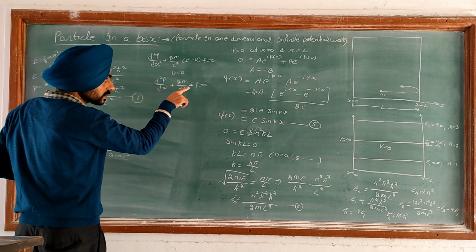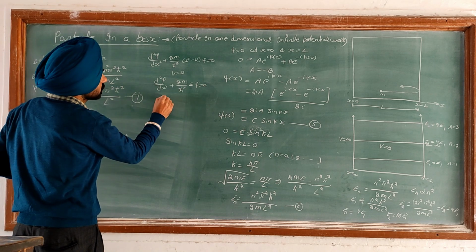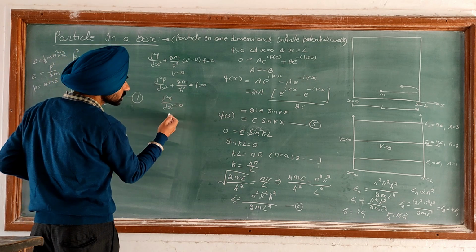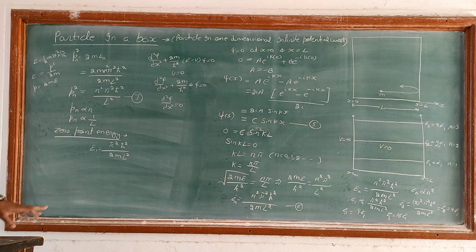If we substitute E equal to 0 in this expression, then d square psi upon dx square equal to 0, that means psi is equal to 0. If the wave function is 0, then what is the meaning? That everywhere inside the box the probability of finding the particle is 0.